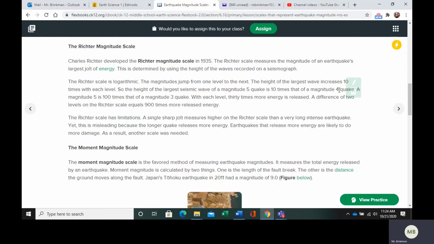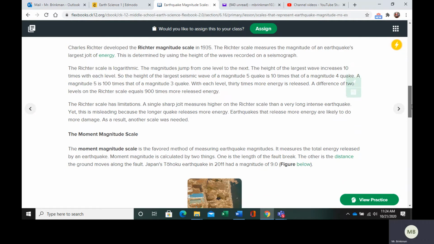All right, so a 5 would be 100 times that of a magnitude 3. And with each level, there's 30 times more energy released. All right, so hopefully that makes sense.